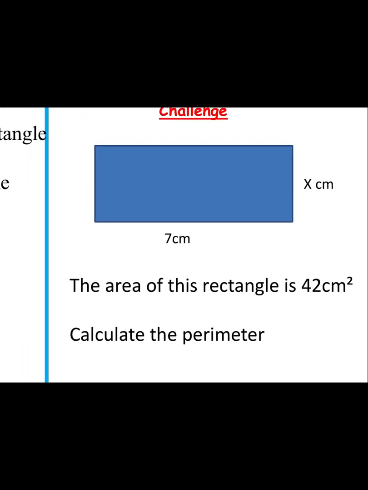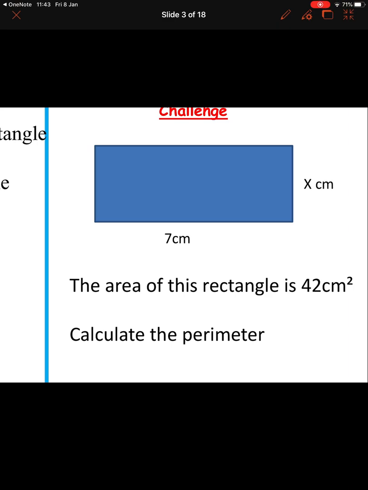Okay, welcome back. So I'll just look at the last one with you. I'm going to assume that most of us are okay with all of the other ones. So let's read the question carefully. It says the area of this rectangle is 42 centimeters squared. As we've mentioned before, area normally means the inside. Now we know that the area can be found by doing the length multiplied by the width.